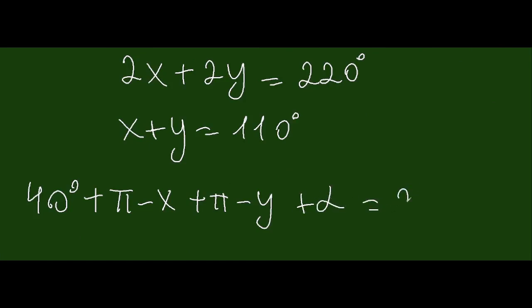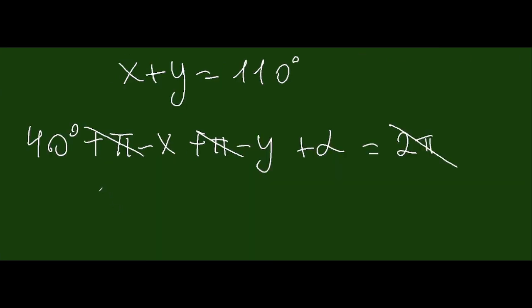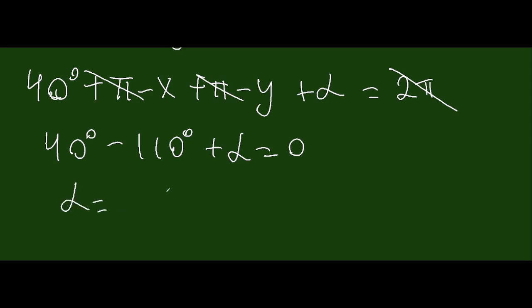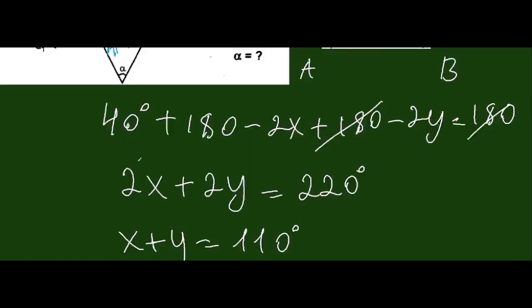And the sum will equal 2 pi. So 2 pi is 360 degrees, and this will cancel, and we are given that we found x plus y, and we can plug it into this equation. It will be 40 degrees minus 110 degrees plus alpha will equal 0. And from here, alpha will equal 70 degrees. This is our answer.